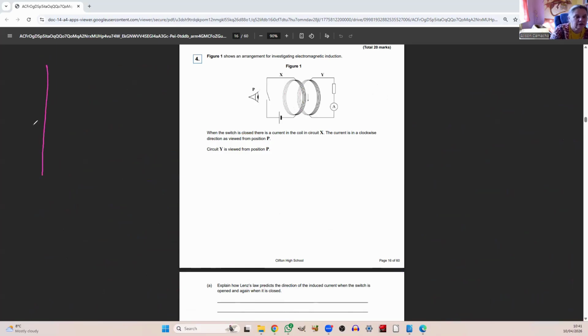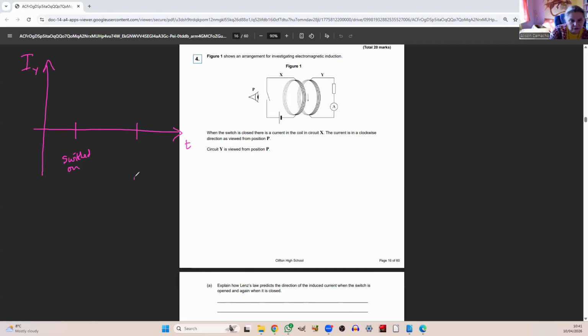I want to point out that when you switch the current on, let's look at the current in Y. So this is I in Y with time. Let's imagine that this is the point when the current is switched on, and this is the point where it's switched off.